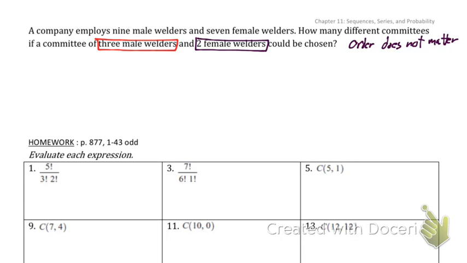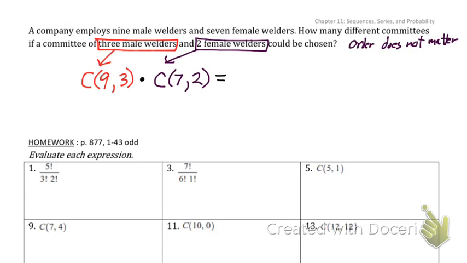So for the males, we are going to have a combination of, well, we have 9 male welders, and we're choosing 3. And for the females, we have 7 females, and we're choosing 2. We just have to multiply those 2 things together, and we will have our total number that can be chosen.